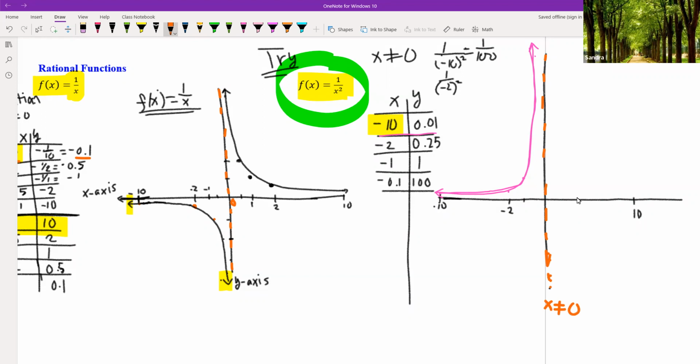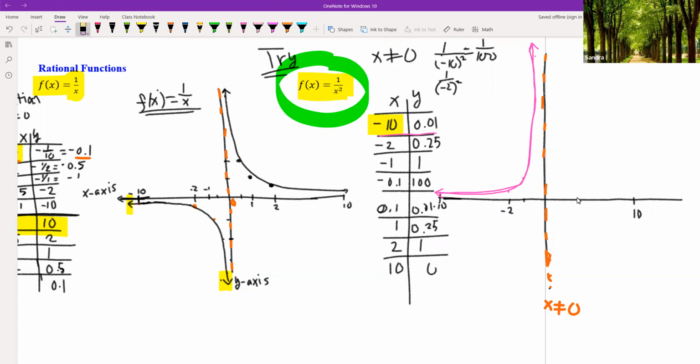Okay, let's go ahead and do the same thing to the other side, which is the right side. So I'm going to go in the opposite direction. So now this is going to be a 0.1, a 1, a 2, and a 10. You can see that I will get the same values. Okay, so now when you do this graph, this will be 0.1 and 100, I think.